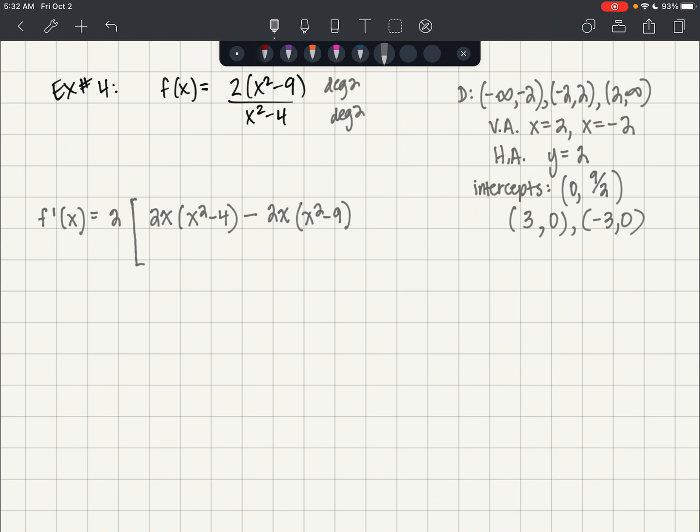I'm not multiplying by that 2 because I've taken that 2 to the outside, right? So here it is, it's taken to the outside. And then you can see that it would have been multiplied right back through. We're going to keep it on the outside because that's one of our rules from an earlier chapter. All divided by the denominator squared.